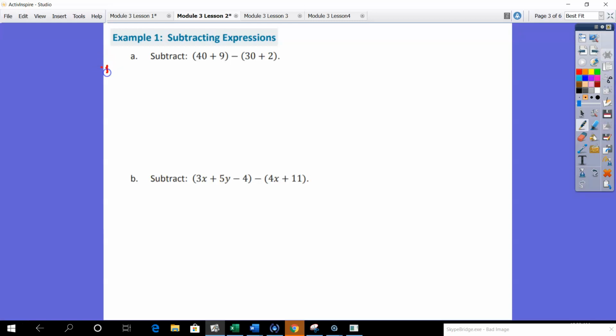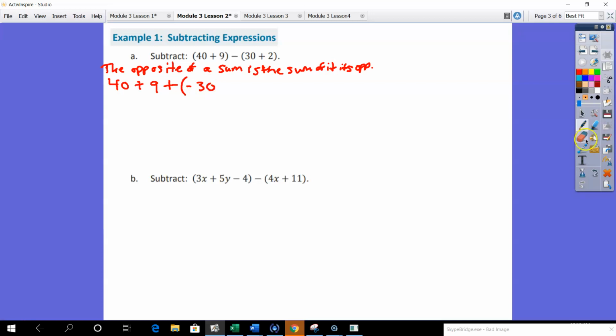The opposite of a sum is the sum of its opposites.